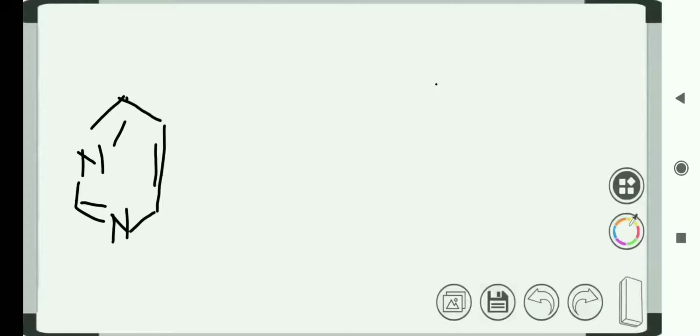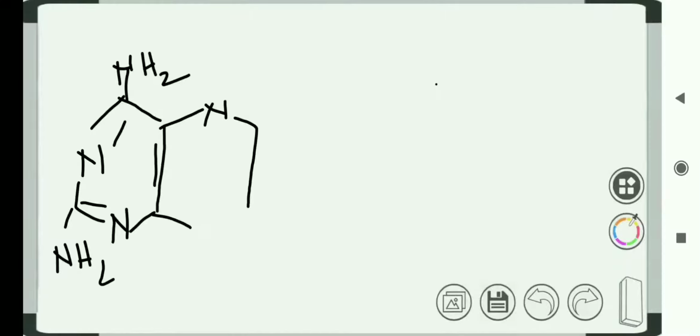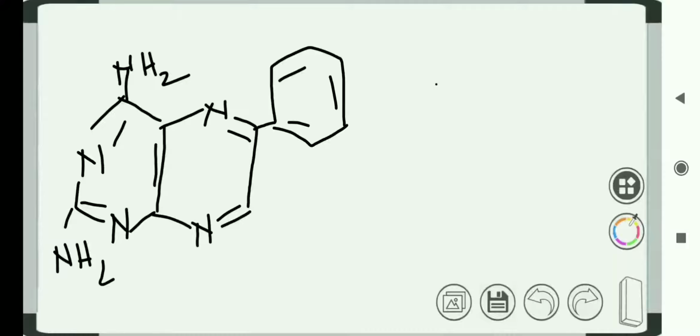To this we are going to see the attachment of two amine groups, then followed by pyrazine. To this pyrazine we have an aromatic nucleus, then amine.